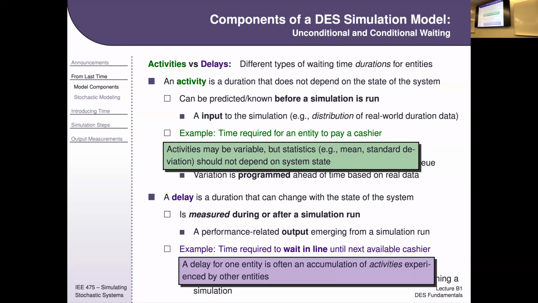I don't know how many other entities are in the system or what the particular activities are for each one of those other entities. So the delays, I just cannot really know ahead of time. That's the big thing: if I know it ahead of time, it's an activity. I'm saying for certain in this system, I am going to assume that these activities do not vary with the state of the system. Then I am calling them activities. Whereas other things I'm going to model as things I don't know, and I'm running the simulation to find out. Okay.